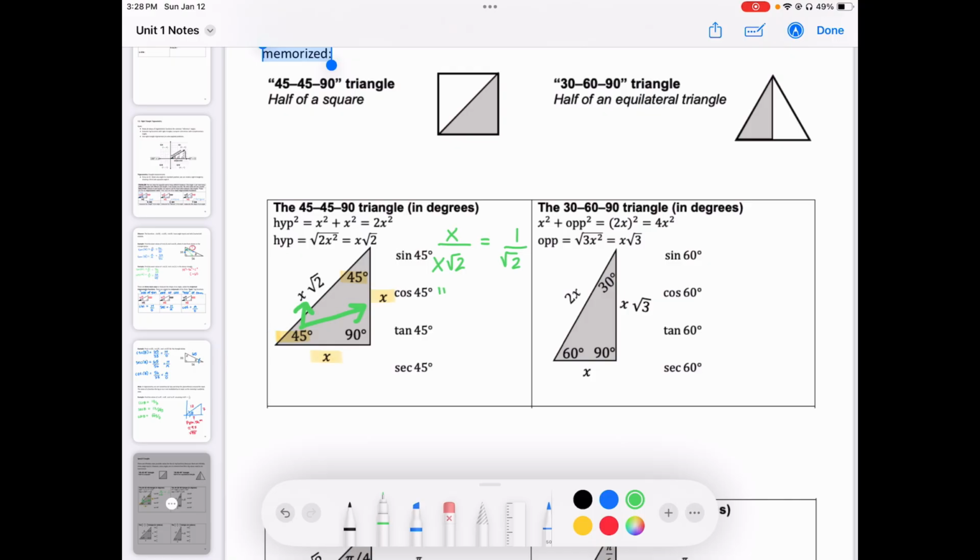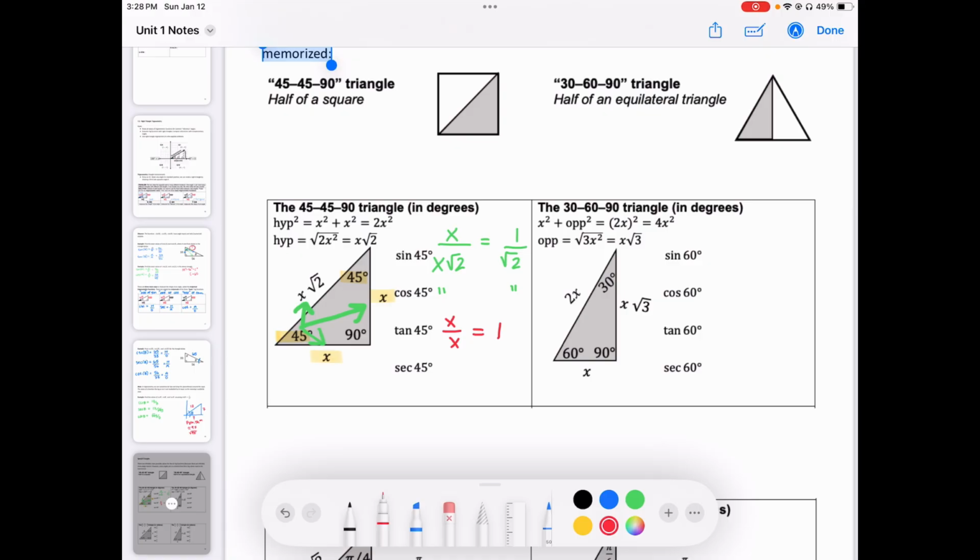The same will be said for cosine of 45 because it is now next to the 45 degrees. For tangent, we would have x over x, which would be 1.